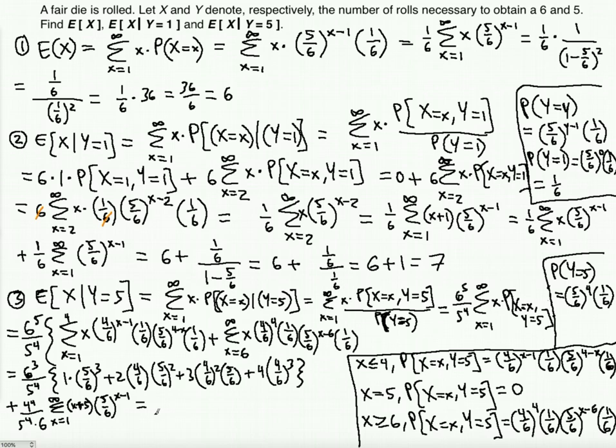So now, I'm not going to go into deep algebra, but if you do the algebra right here, you should get this. 821 over 5 to the 4, plus 4 to the 4 over 5 to the 4 times 6, from 1 to infinity of x minus 1, plus 4 to the 4 over 5 to the 4 times 6.